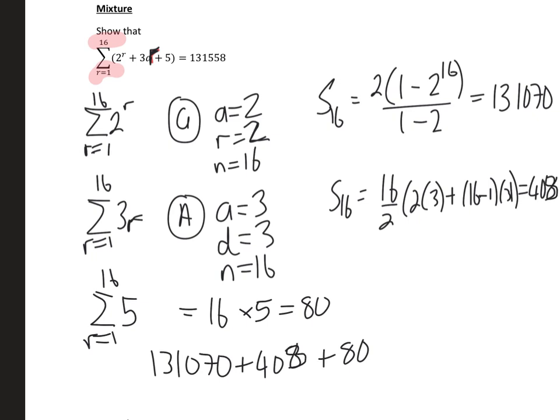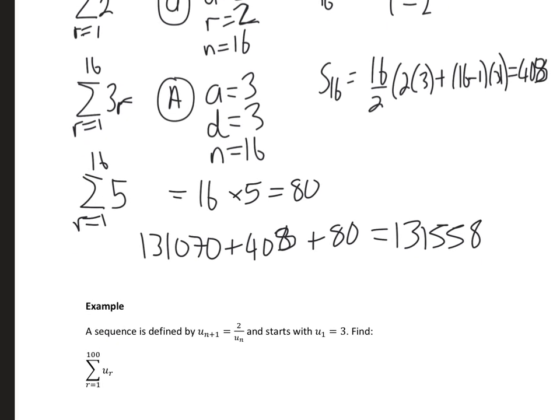I can't read the calculator properly. Which gives me 131,558, which is what the question wanted. Yeah, so split it up into a geometric, arithmetic, and just a number one.